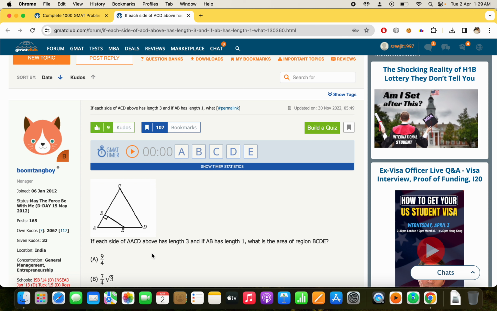Mm, it's a right angle triangle, I think. So if into base into height, we can solve that way. And the equilateral triangle formula is root 3 by 4 a square, which is 3 square, 9 root 3 by 4, minus half this height, half into root 3.